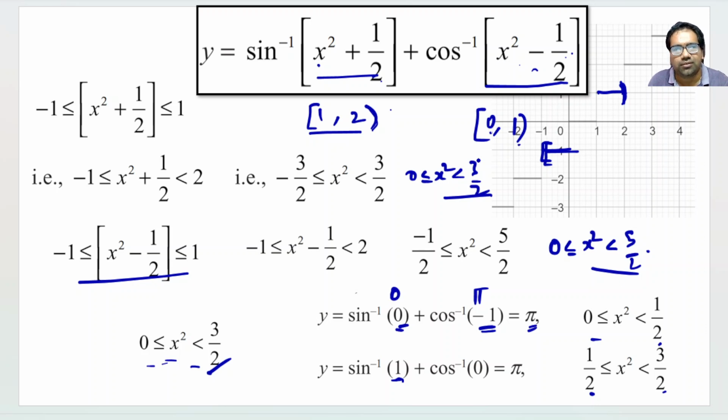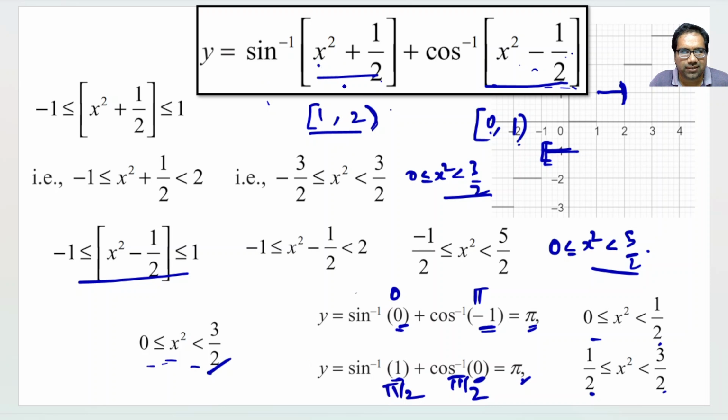So 0 close bracket and 1 open bracket. So the greatest integer function of x squared minus half should be equal to 0. That is this one, cos inverse 0. Sine inverse 1 plus cos inverse 0, both again pi by 2 plus pi by 2, which is equal to pi. In both the cases, the value is actually pi only.